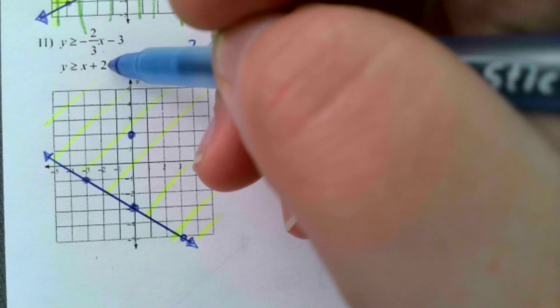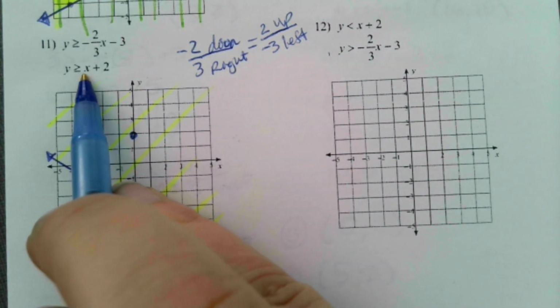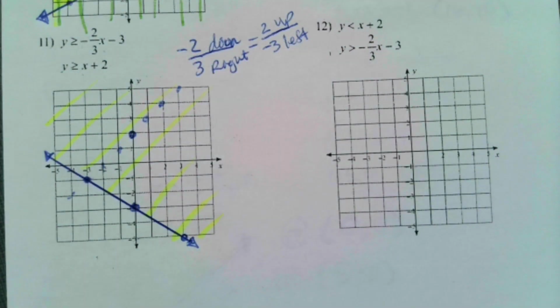What's my slope? Just 1, right? Up 1 over 1. Solid or dashed? Solid. Good.